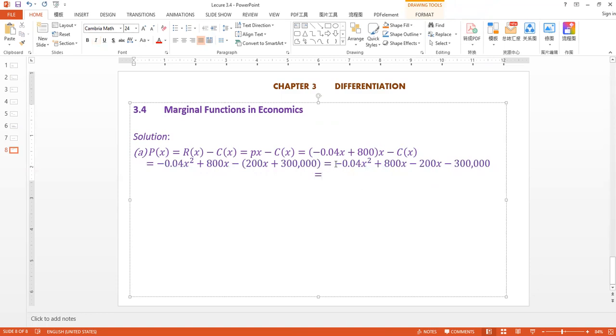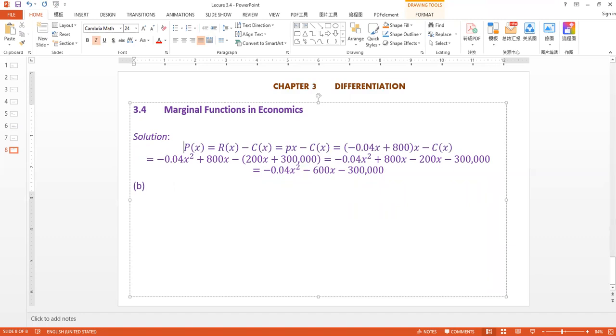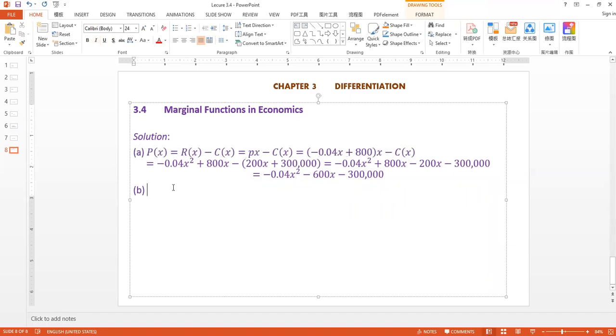So we get negative 0.04x squared in the first term, and then 800x minus 200x, they are like terms. So 800 minus 200, we get 600x, and then minus 300,000. So that's the profit function, the first part. Okay, so that's good.